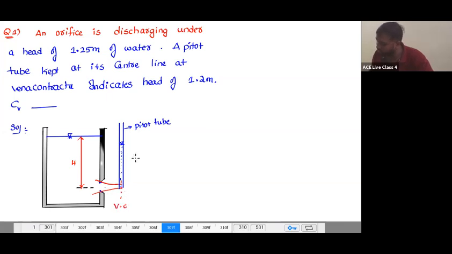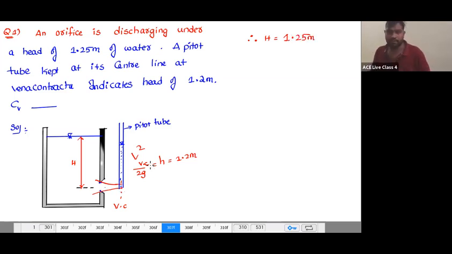So that head here, this is a vena contracta, right? Velocity at vena contracta squared by 2g is nothing but h. How much have they given? h is 1.2 meters, and capital H is given as 1.25 meters.